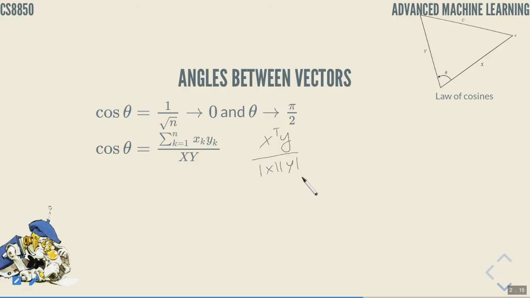Usually the length is the shortest distance as defined by the metric of the space, but we'll see that in your homeworks tomorrow. So cosine is defined as the inner product normalized by the product of the lengths.